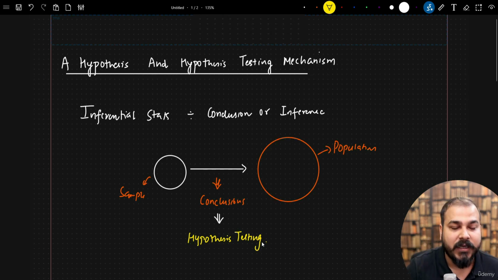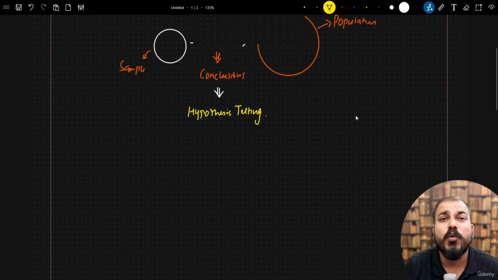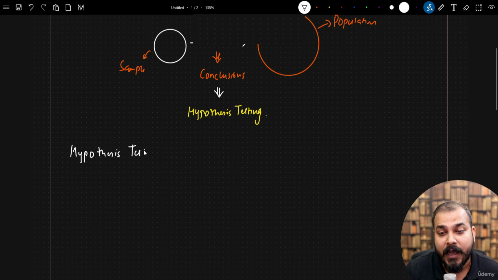Now we will try to see how the hypothesis testing mechanism happens, how many steps there are, and what steps need to be followed, and I will also give you a very simple example about hypothesis testing so that you can actually understand. So let's go ahead and understand the hypothesis testing mechanism, like, what are the steps involved?